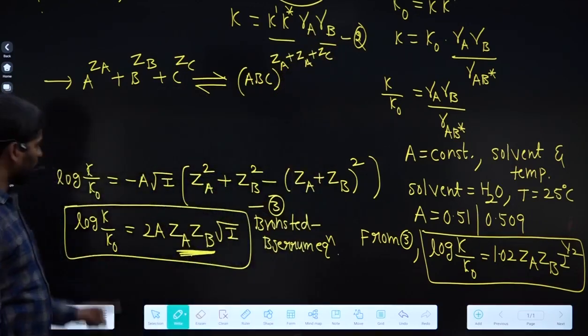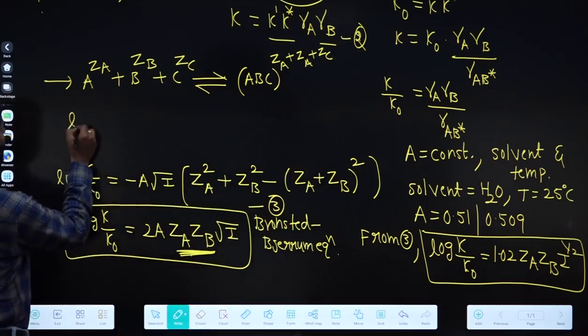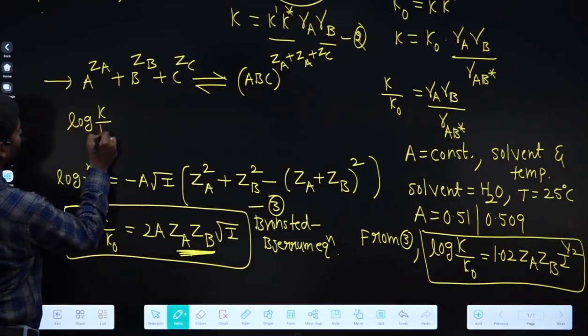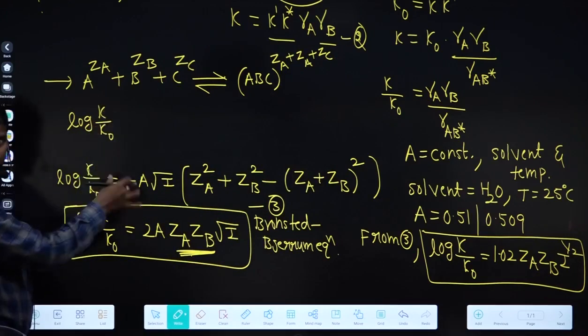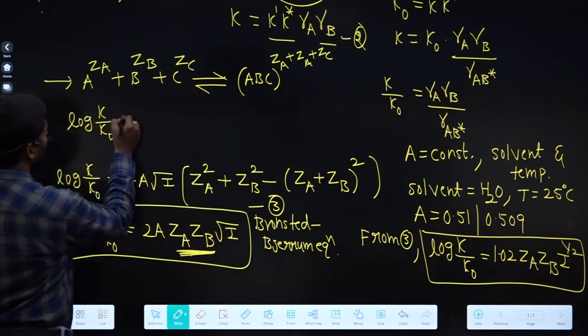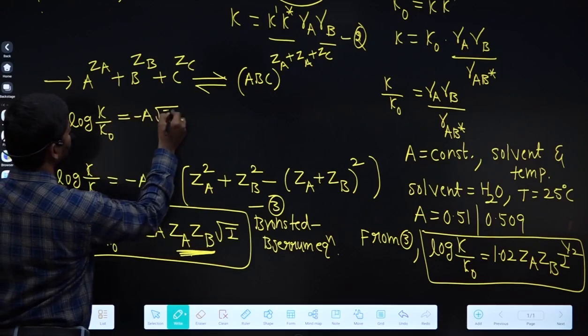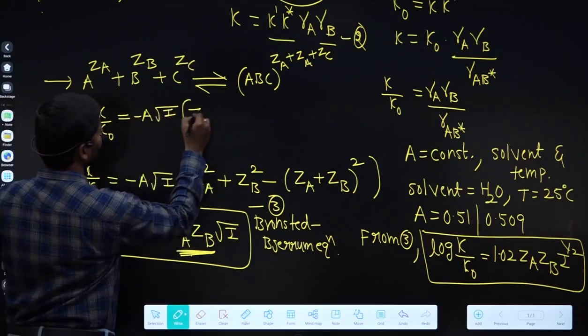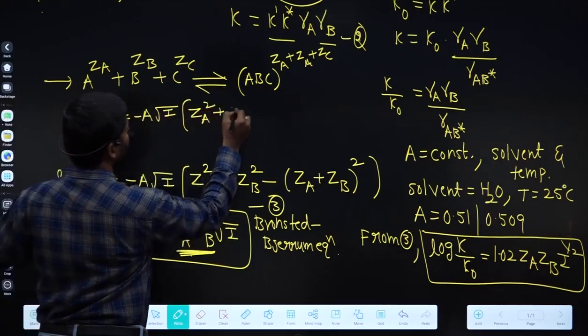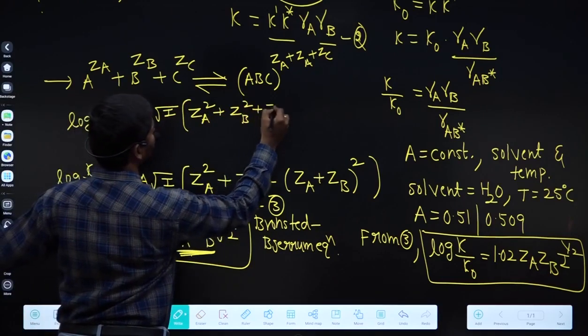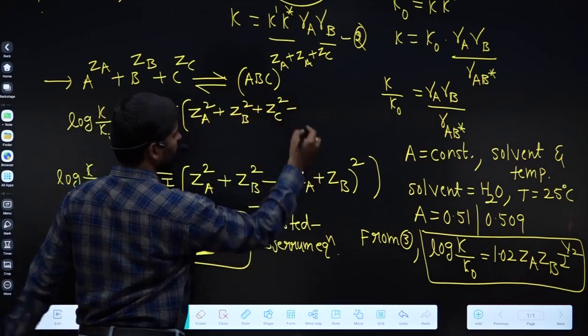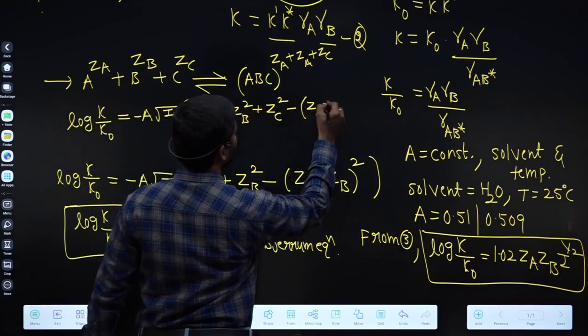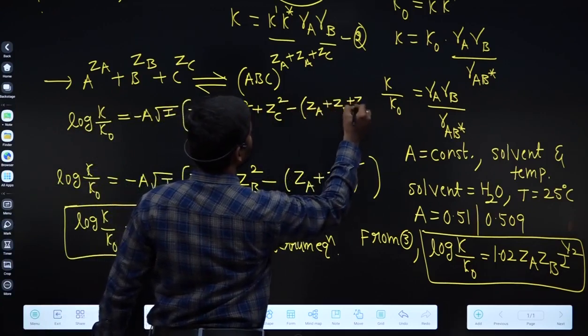In that case we get the log K by K naught expression like this: minus A root I, Za square plus Zb square plus Zc square minus Za plus Zb plus Zc whole square.